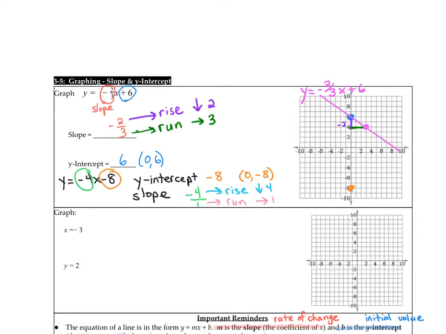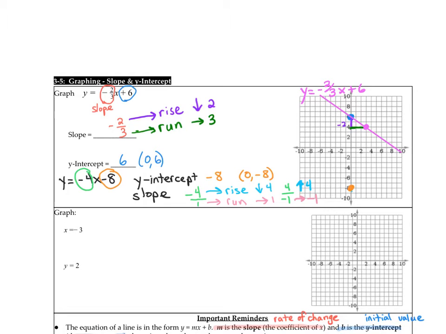You cannot extend the grid. So what you can do is change your slope so that instead of negative 4 over 1, it is 4 over negative 1. So that means now the rise is positive and you're going to go up 4, and your run is negative, so you're going to go left 1.